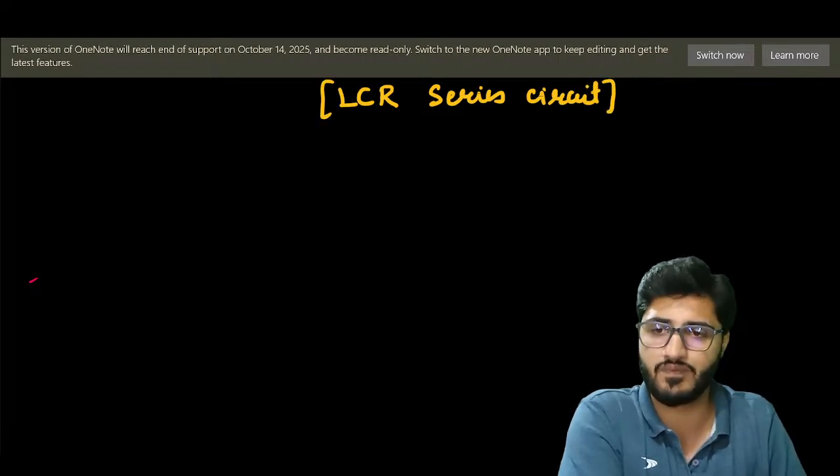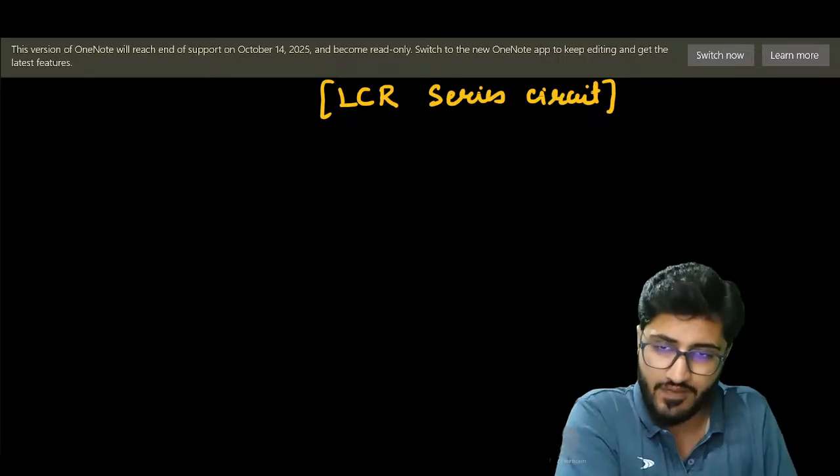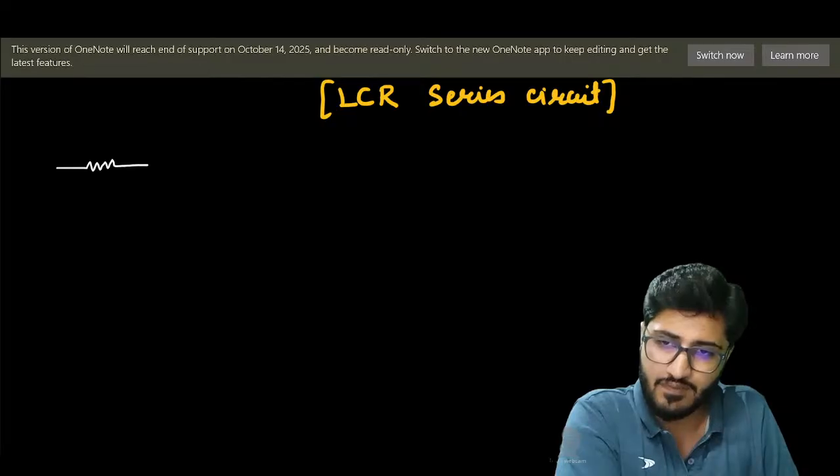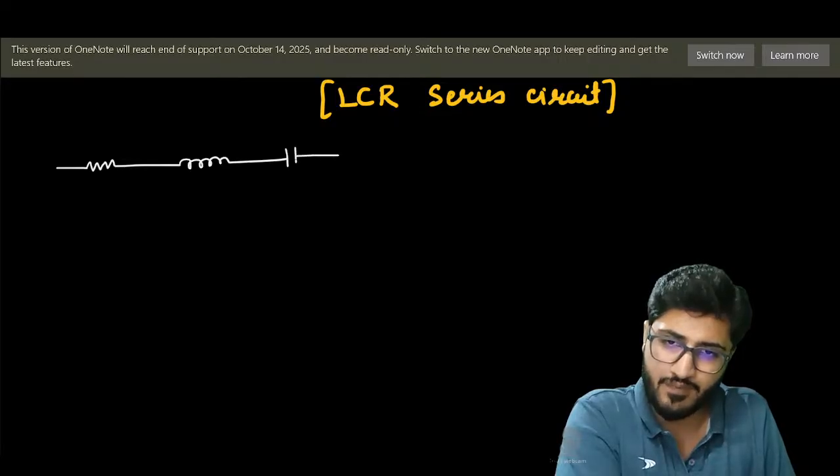So what we are having? We are having LCR. So I can have a resistor, then an inductor, then a capacitor. All three are connected in series.